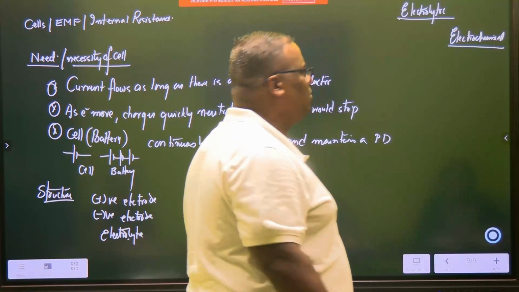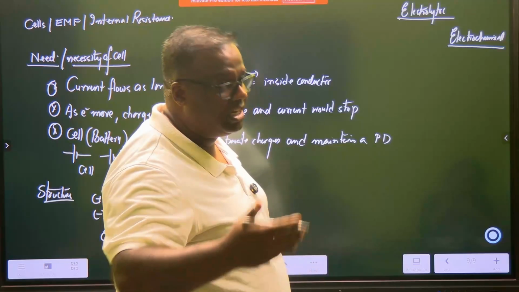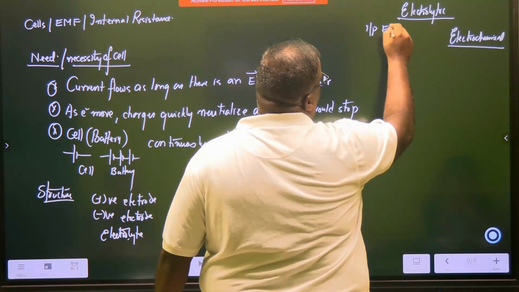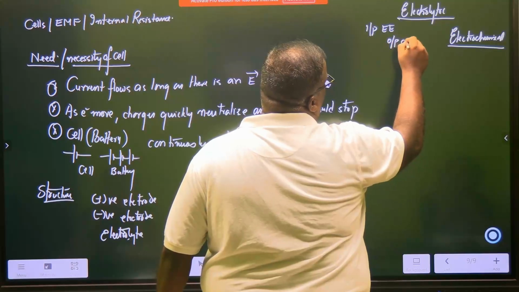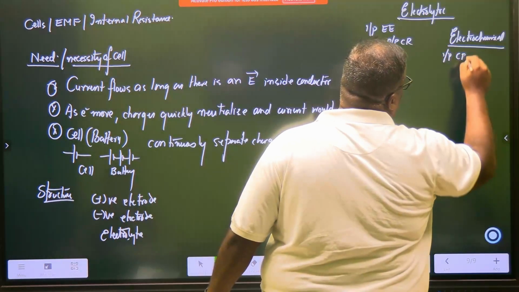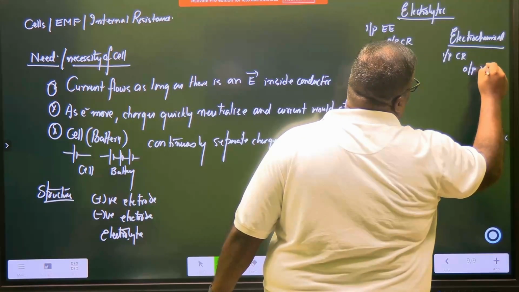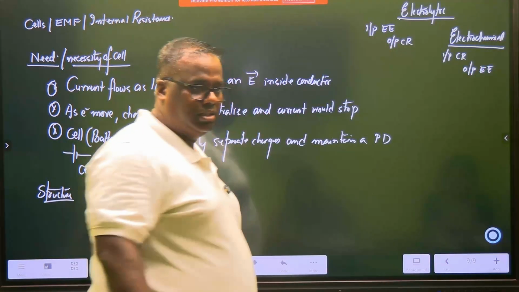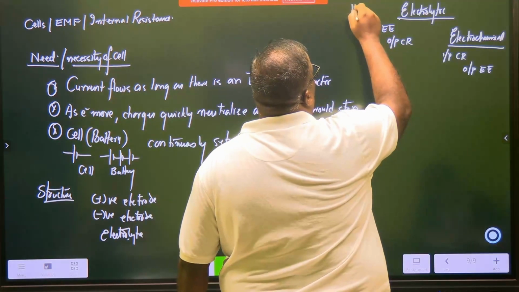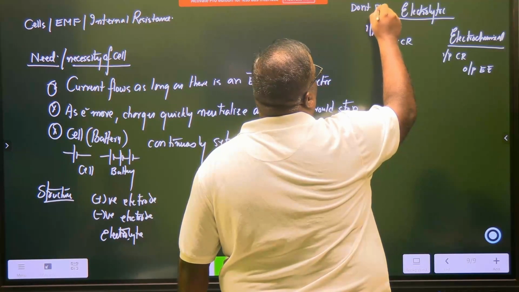Up till grade 10, when you used to study about electroplating, electric refining, here input is electrical energy, output is chemical reaction. Here input is chemical reaction, output is electrical energy or electric current. Have you understood? Here we use the formula called don't panic.